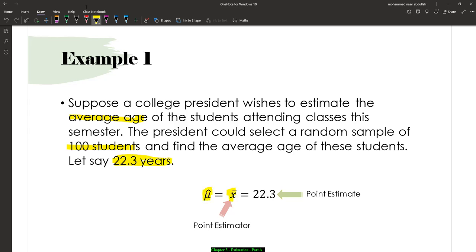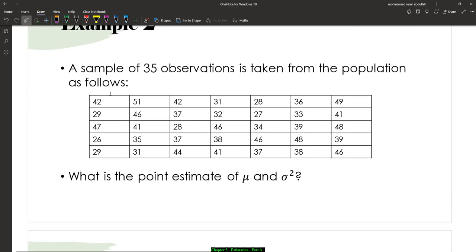Actually, I mixed up: this is the point estimator, not that one, right? And then x bar equal to 22.3 is a point estimate, right? Very simple.